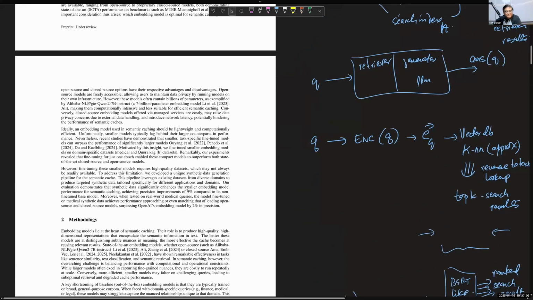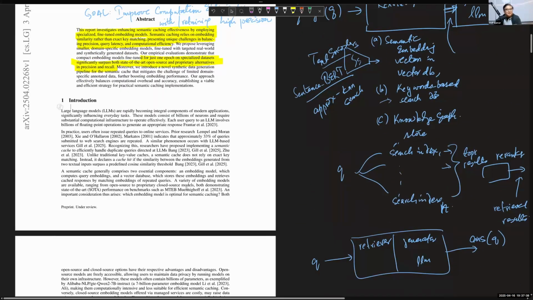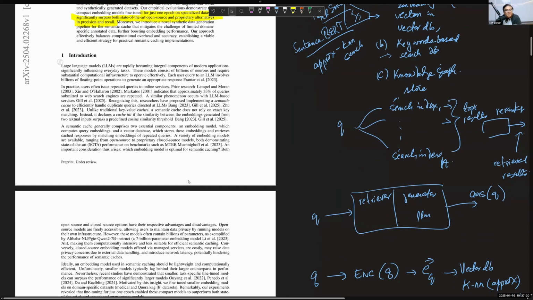So introduction, only some part of the introduction I'll read. Large language models are rapidly becoming integral components, etc. It just speaks to the fact that it is all very, very expensive. And here they go on to say that declaring a cache hit if the similarity between two embeddings surpasses a predefined cosine similarity threshold.